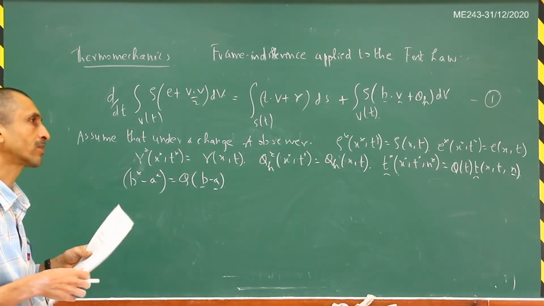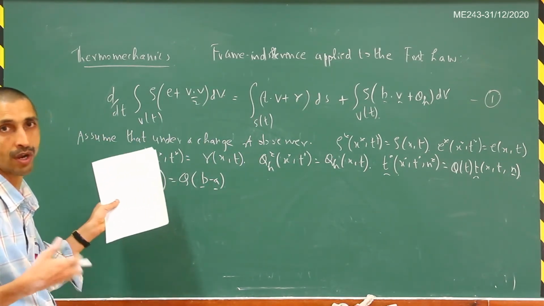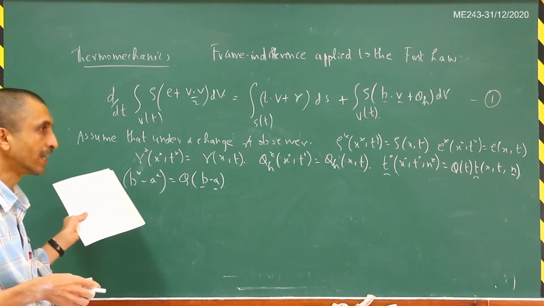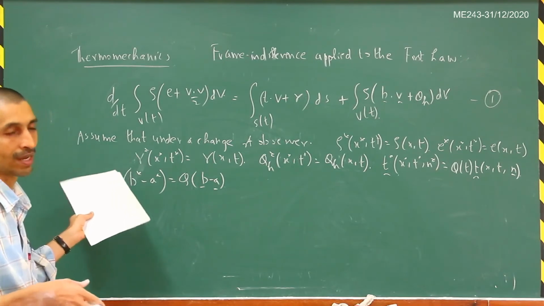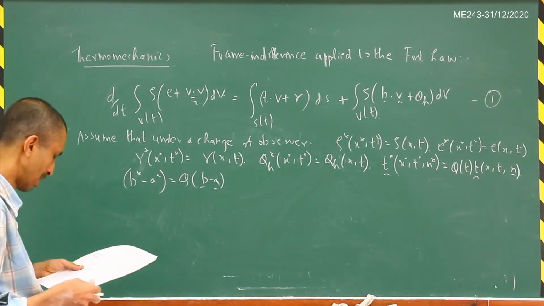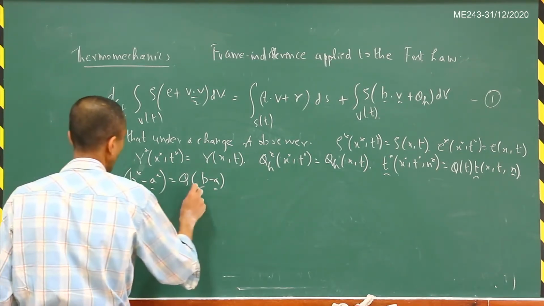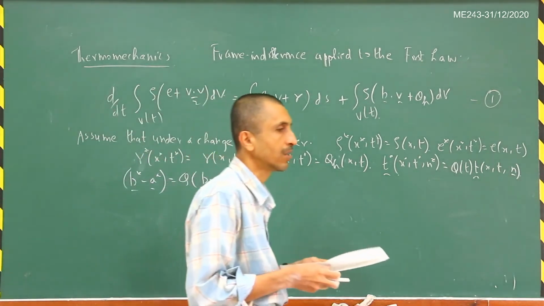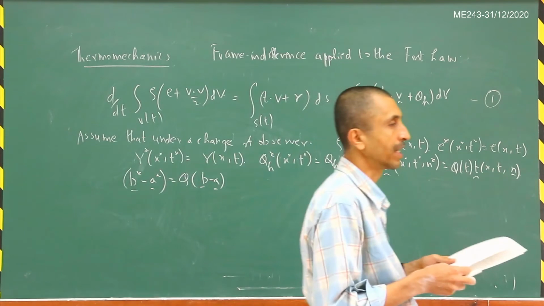So actually this may be a little bit of a strong assumption in the sense that we know this from the balance of linear momentum. But okay, we will still assume this particular thing. Okay, and now under these assumptions, let us see what the implications of frame indifference are.